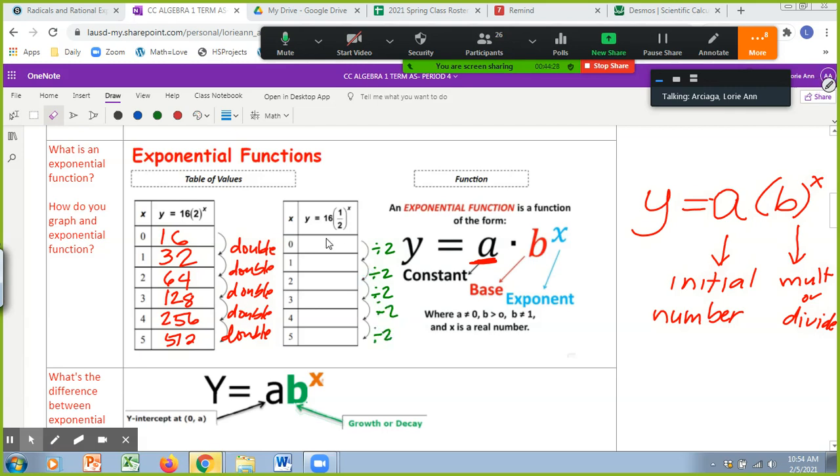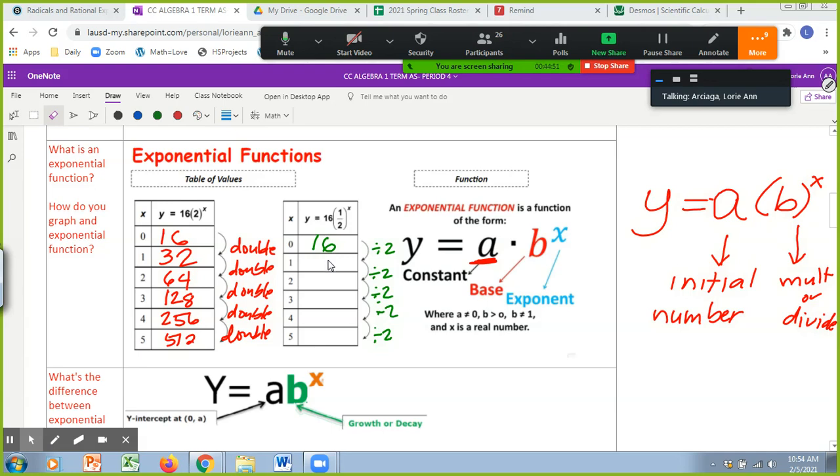Now, can you tell me what's my beginning value again? 16. Very good. So you remember it. Remember, it's the number that does not have an exponent. Good job, George.